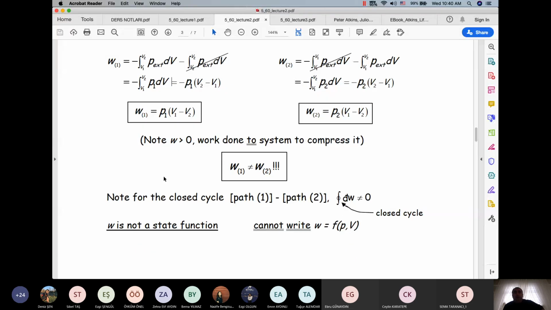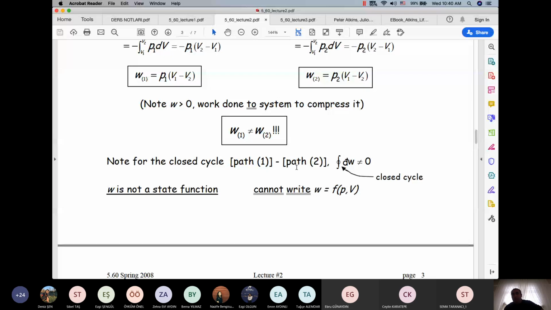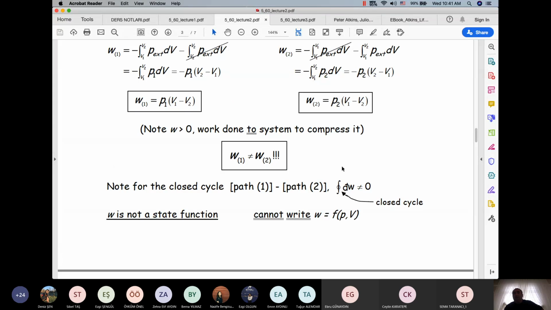This is a cycle that I am doing by going from the initial to the final state, and combining all the cycle components, path 1 and path 2, I end up getting non-zero work. I mean, W1 minus W2 is not 0.